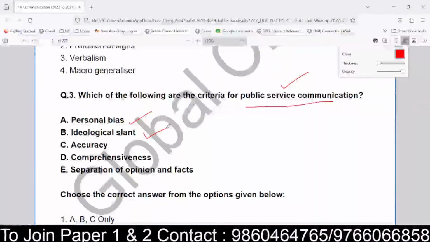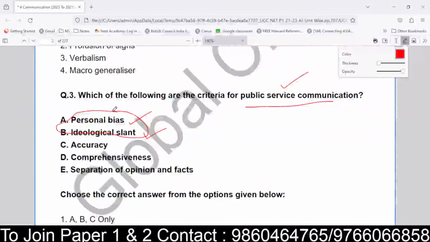Accuracy, yes, your message should be accurate, it should be comprehensive, including everything. It should have a separation of opinion and facts. The message should look like that. So these two points will not be applicable when you are trying to communicate with the criteria for public service communication.